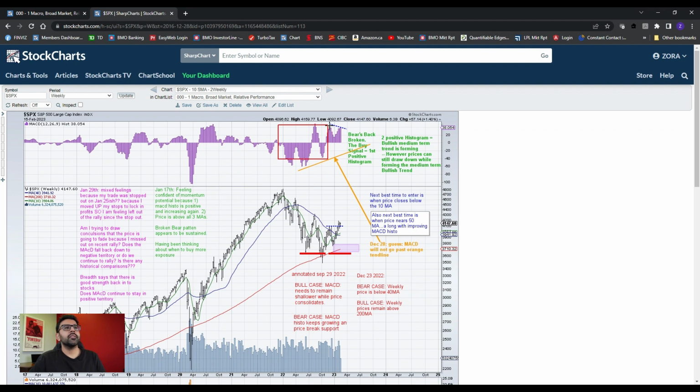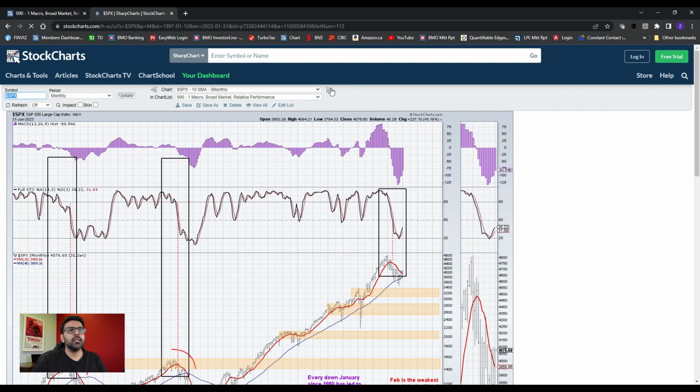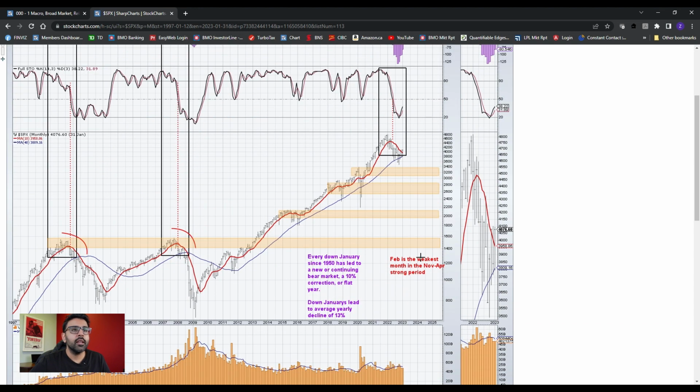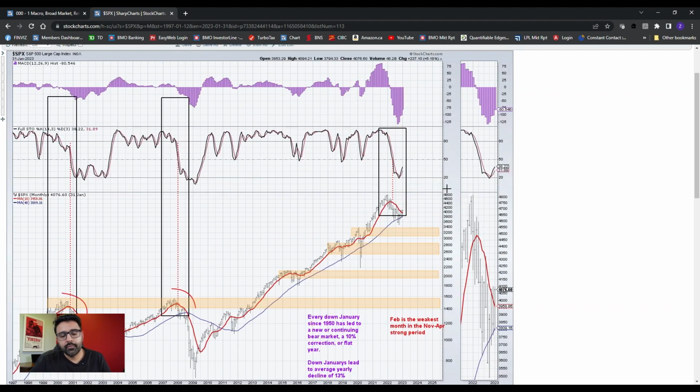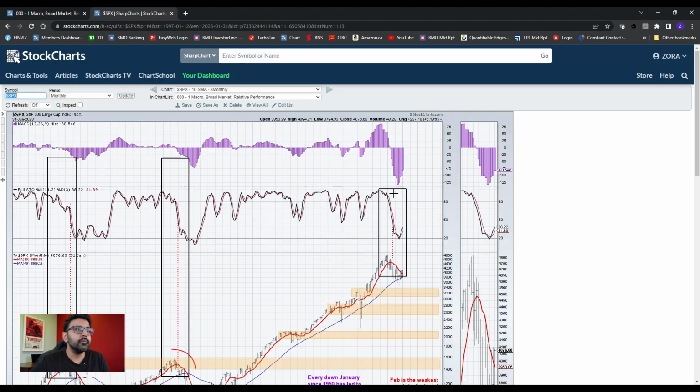But we had a high here in the histogram, and now we have basically another high almost at the same level and price breaking above this point. So another bullish feeling. And on a monthly basis, price is above its 10-day moving average. So that is a good thing. Have noted that February is the weakest month, and from before as well. I think it's a good time to accumulate.